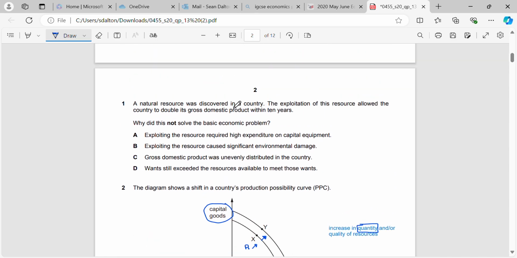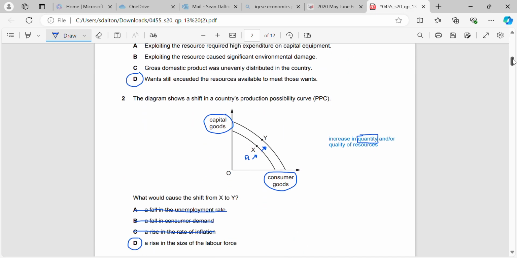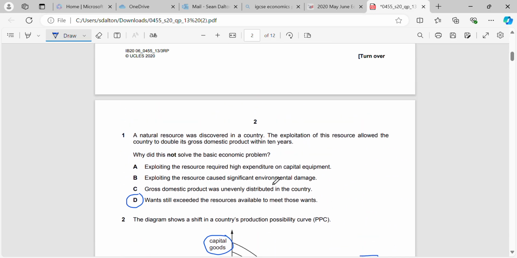Okay, a natural resource was discovered in a country. The exploitation of this resource allowed the country to double its gross domestic product within 10 years. Why did this not solve the basic economic problem? Okay, so because wants still exceeded the resources available to meet those wants.